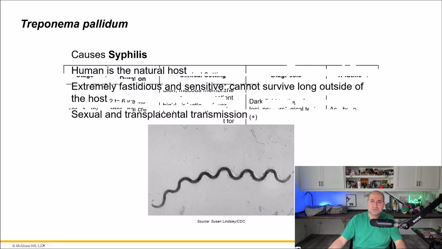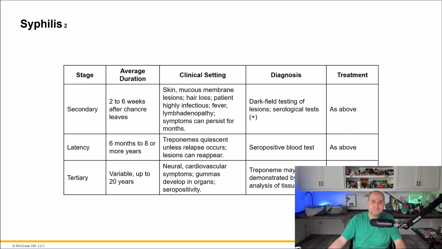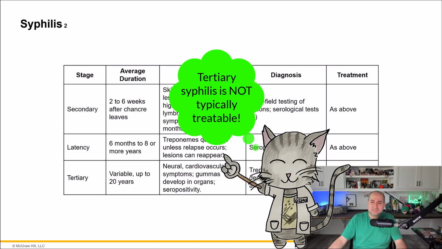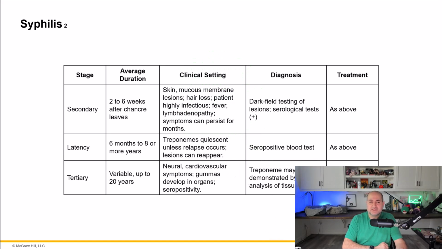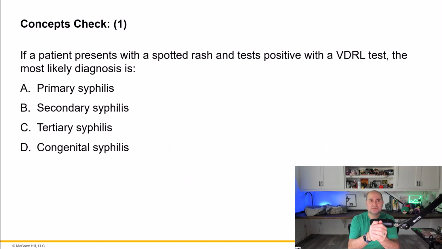And one thing I want you to know for the exam is that although it says here that you would treat with antibiotics at the tertiary stage, typically those antibiotics are very much not effective at the tertiary stage. So unfortunately, when a patient lets the disease progress to tertiary syphilis, for the most part, it becomes untreatable, right? So make a note of that. And do you remember this concept check?